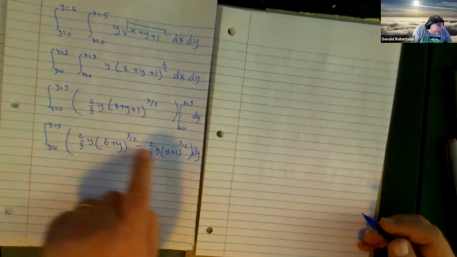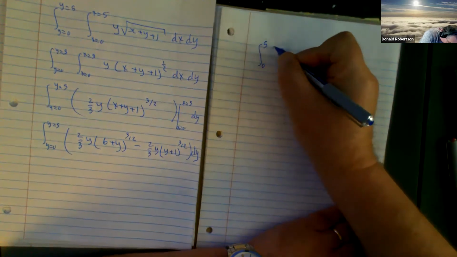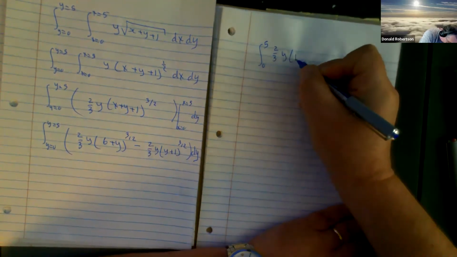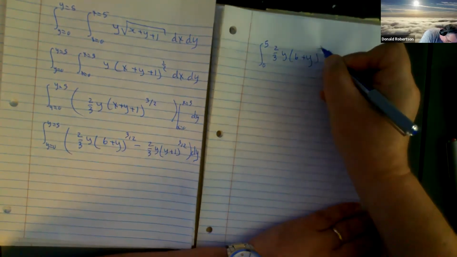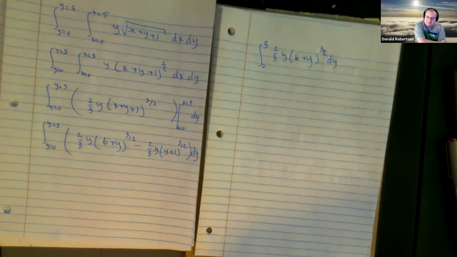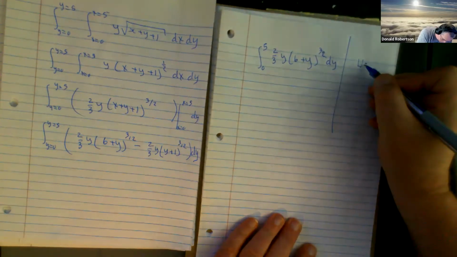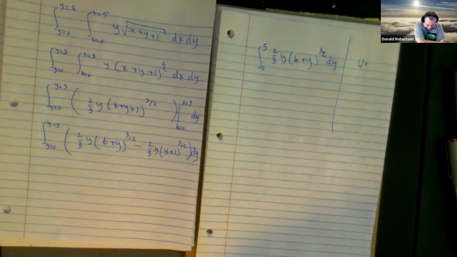Okay, sort of a kind of there. I'd really treat these as two separate questions. So let's do this one, and then you can figure out how to do the other one yourself. I want to find the integral of 2/3 y times (6 plus y) to the 3/2. It's going to be a u sub, and it's going to be one of those u subs that might not look like it's going to work, but it is going to work.